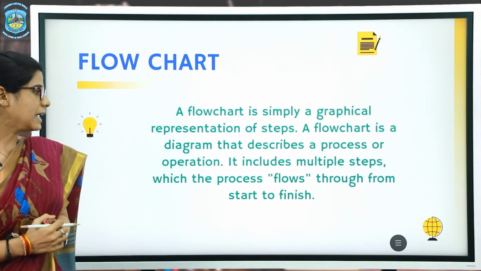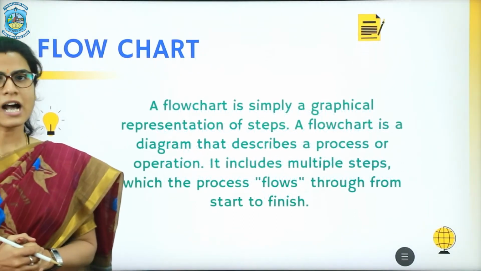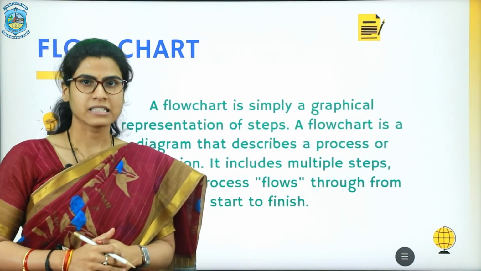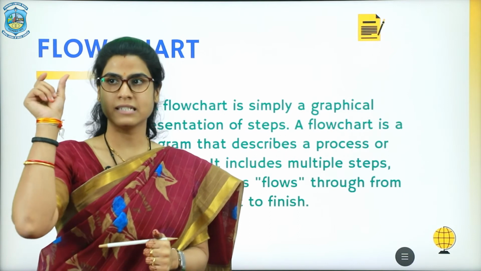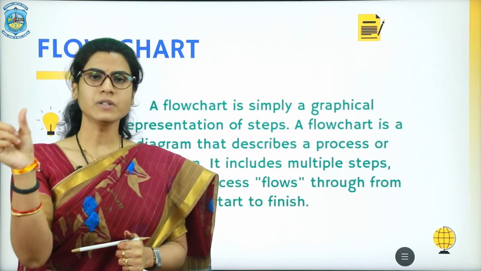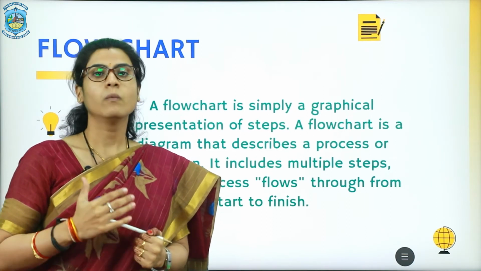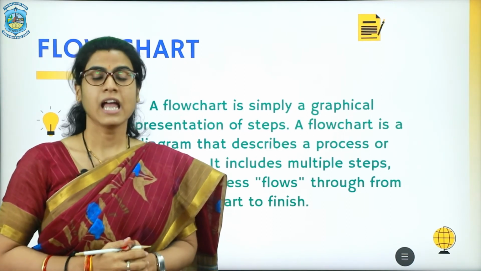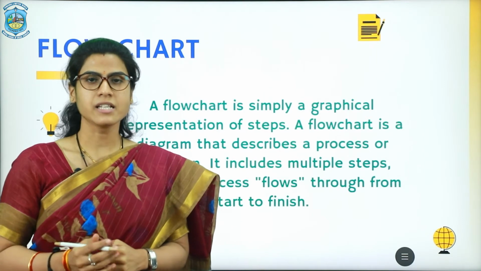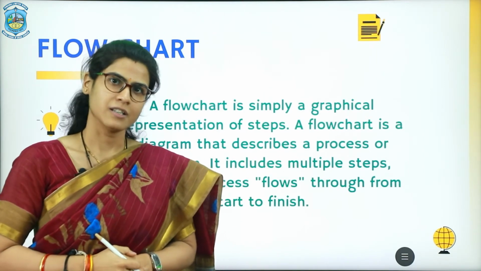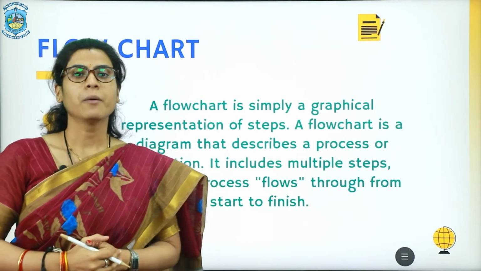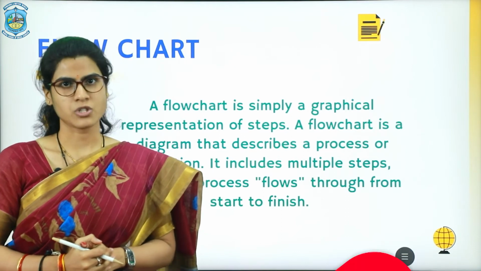Basically, a flowchart says that a process starts with a start point, and whatever operations we are going to perform, we mention them with the notations of a flowchart, and then we end it at the finish point. Here we'll tell you about the notations of a flowchart.